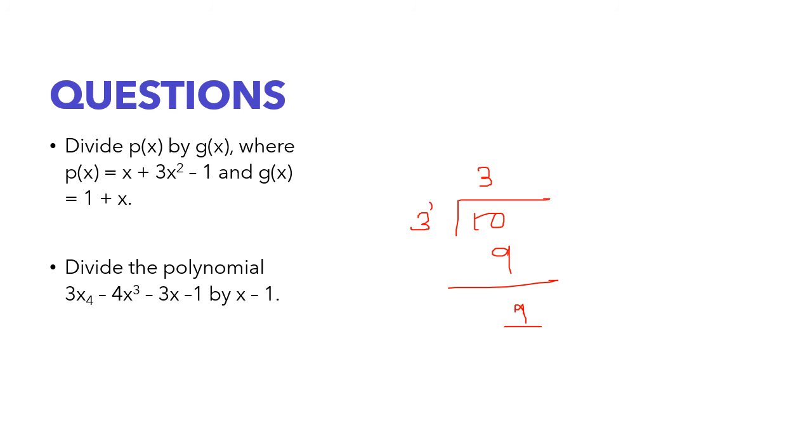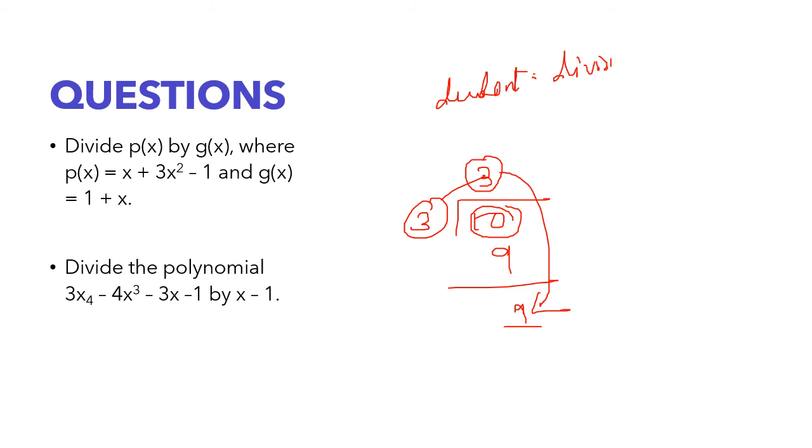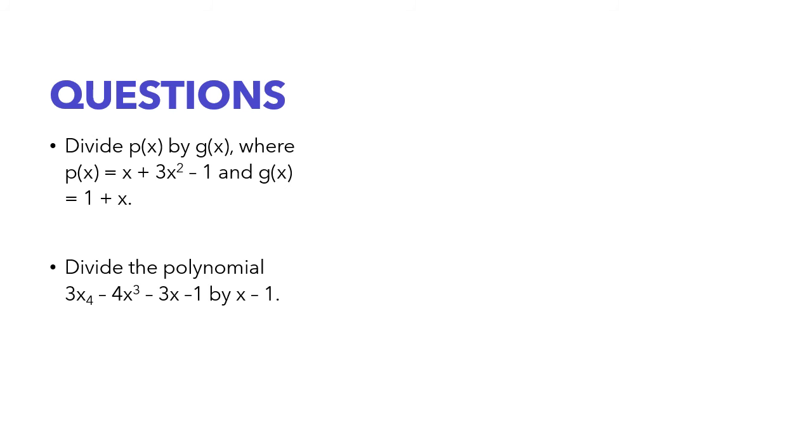So we know that divisor into quotient plus remainder gives you the dividend. Dividend is equal to divisor into quotient plus remainder. Always remember this. In the same way, it is the same thing in polynomials also.